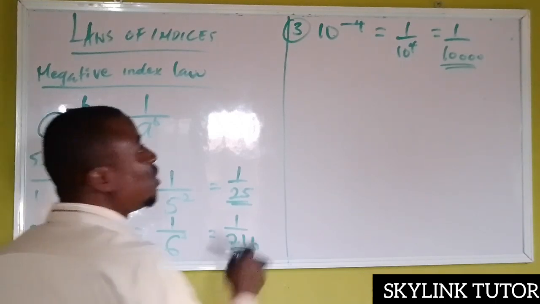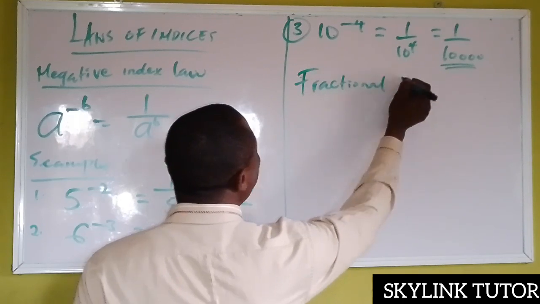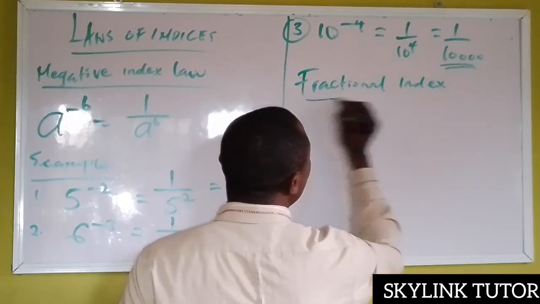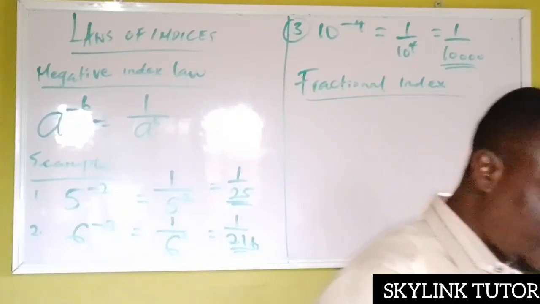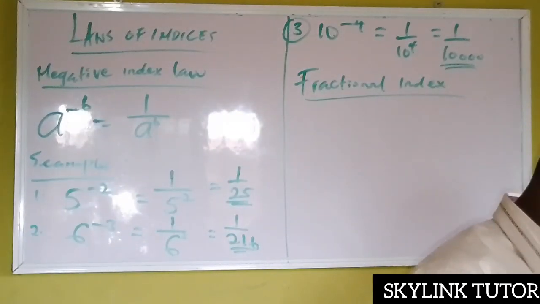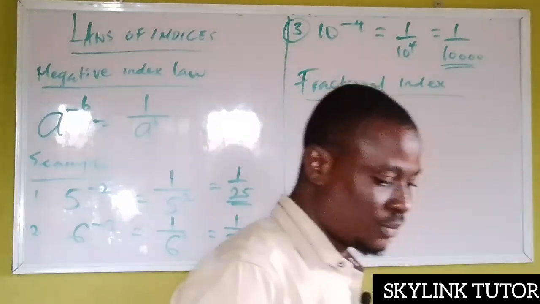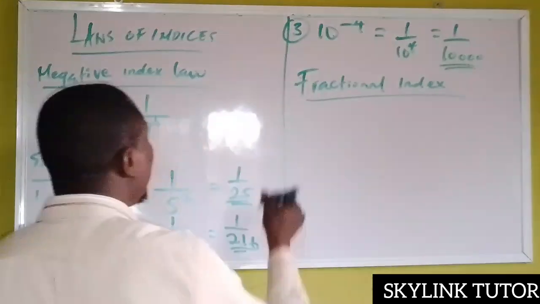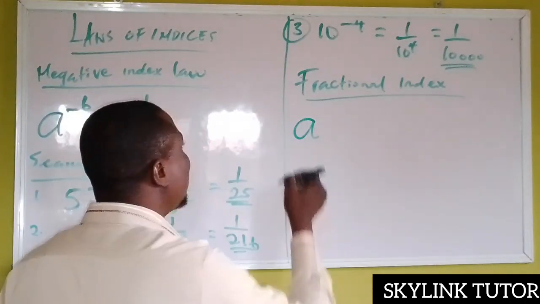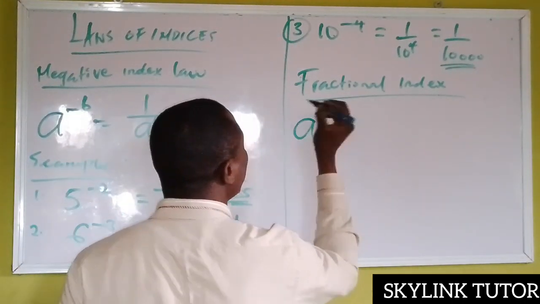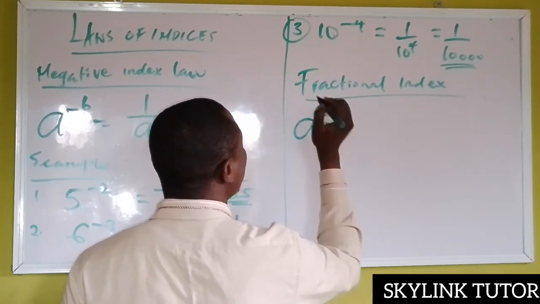We also have another law which is called the fractional index law. Under this fractional index law, you have a number or an alphabet raised to a fraction, let's say 2 over 3, or let's say a over b.